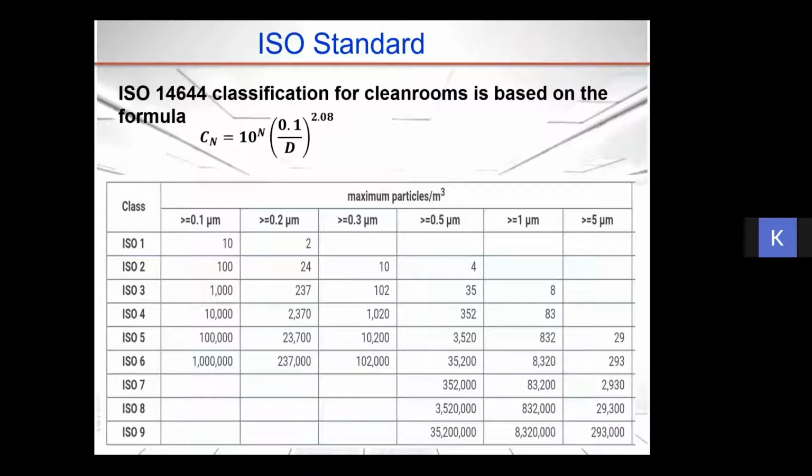That is based on a formula where C corresponds to the concentration of particles in the room, which is equal to 10 to the power N into (0.1 by d) to the power 2.08, where d represents the particle diameter and N represents the ISO class. That means if it is ISO 5, then N will be 5. And if you consider a particle of 0.5 micron, then d will be 0.5 micron. If you do this calculation, you will get a value of 3520 corresponding to that ISO class. So this is what the ISO thing means.